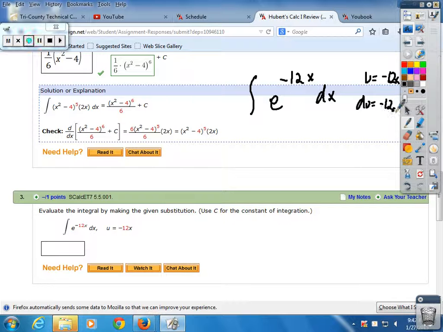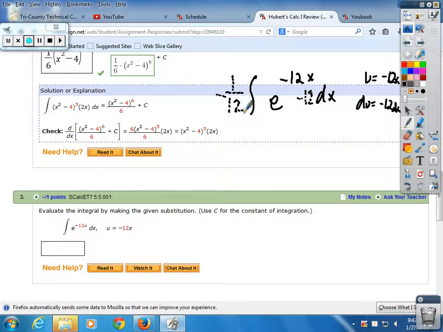Negative 12 dx. So they know negative 12 here and a negative what? One-twelfth there, Hubert. That's right.